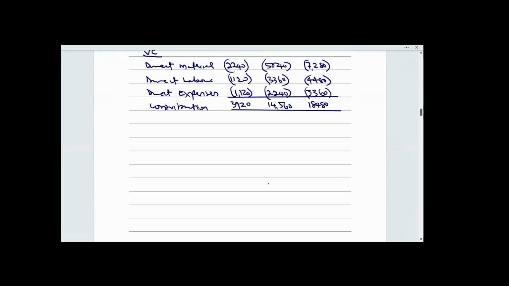So let's go and compute that. Working number 2, fixed cost. Okay, we have fixed overhead to be equal to 2240. We also have fixed selling and admin to be 8, is it 8320? Let me confirm.